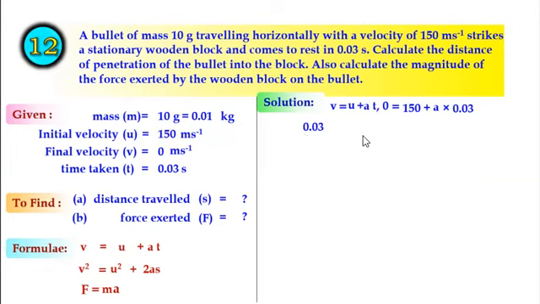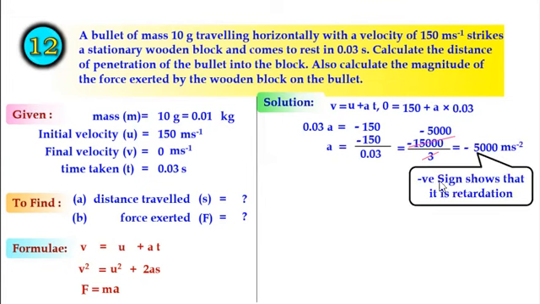So 0.03 into a is equal to, it will become minus, so minus 150. Then a is equal to minus 150 by 0.03. Now that equal to minus 15,000 by 3, that equal to 5,000. Acceleration is minus 5,000 meter per second square. Negative sign shows that it is retardation. 5,000 meter per second square.